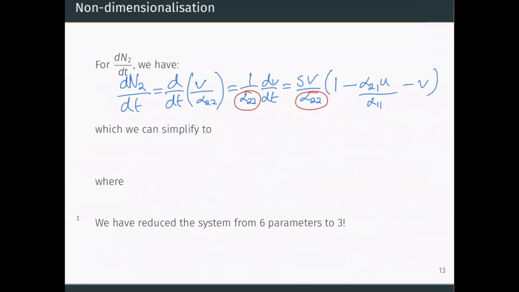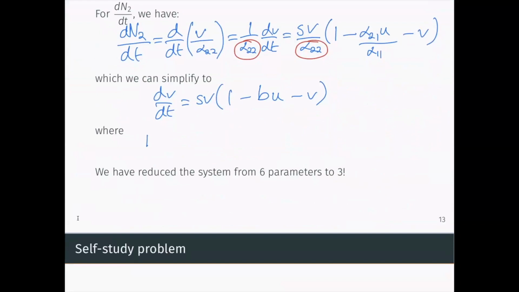So those cancel out, and we can simplify this down to dv dt is equal to s times v times 1 minus, now here I'm going to define another parameter b, times u, and a minus v at the end, where I'm defining this b to be equal to this alpha 2,1 over alpha 1,1 here. Again, just like we talked about above, these alphas are just numbers. So rather than writing both of them down, all that matters is the relationship between alpha 2,1 and alpha 1,1.